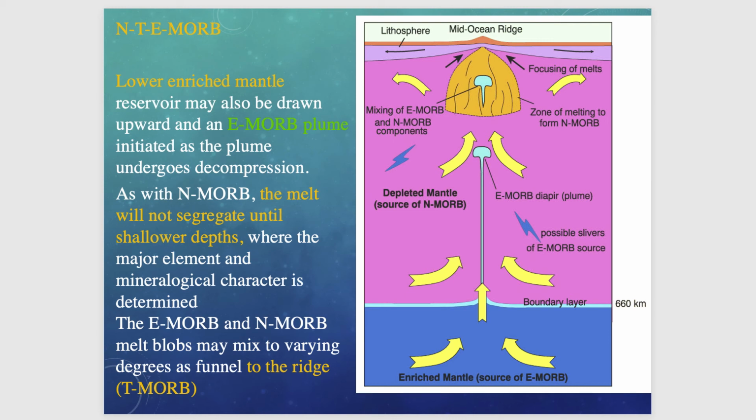And as with the N-MORB, the melt will not segregate until shallow depths, where the major element and mineralogical character is determined. The E-MORB and N-MORB melt blobs can mix to a varying degree, and the result usually is a T-MORB, which is essentially the funnel to the ridge.